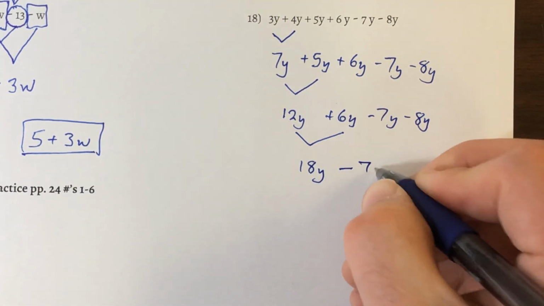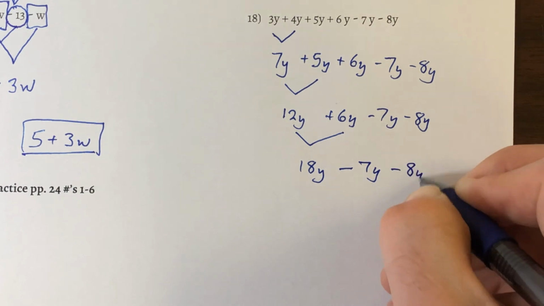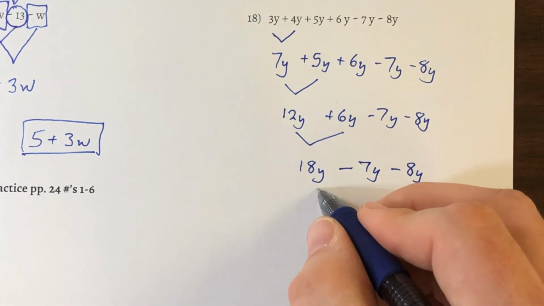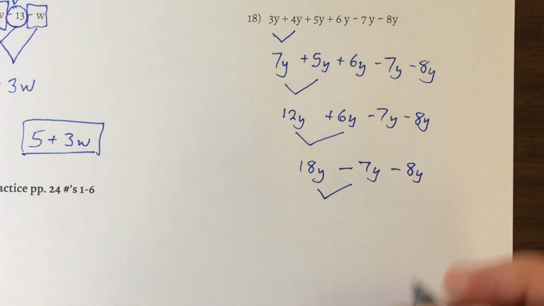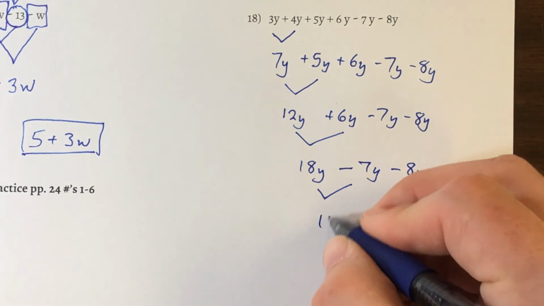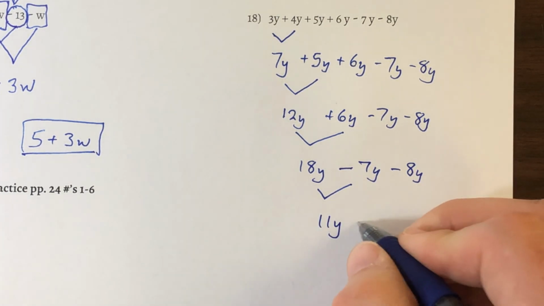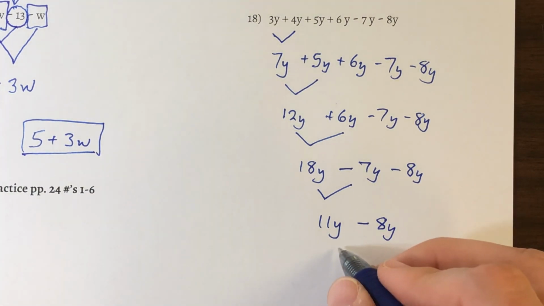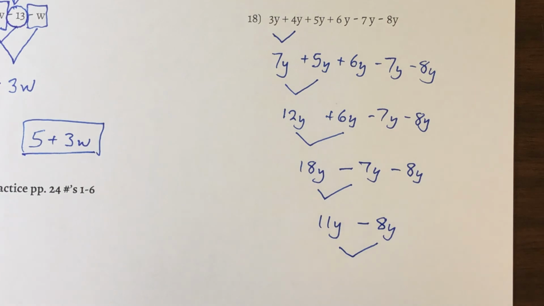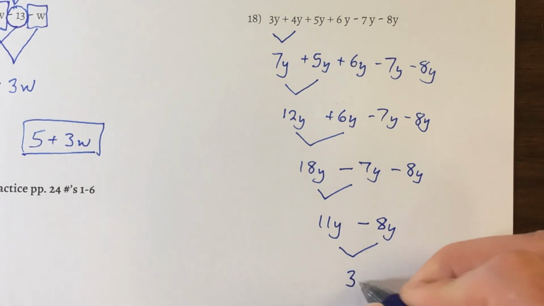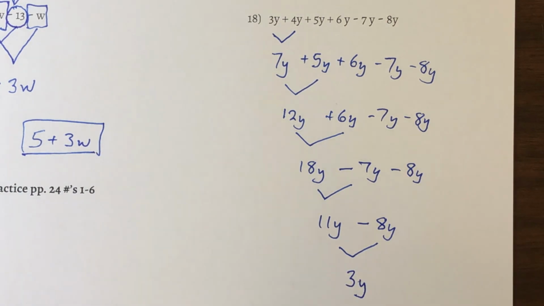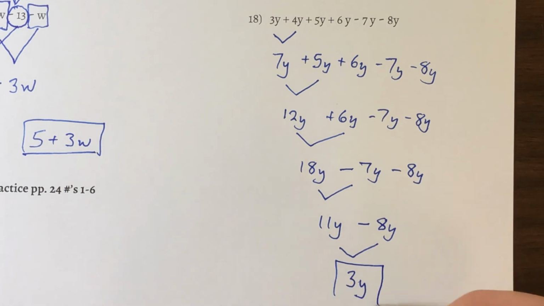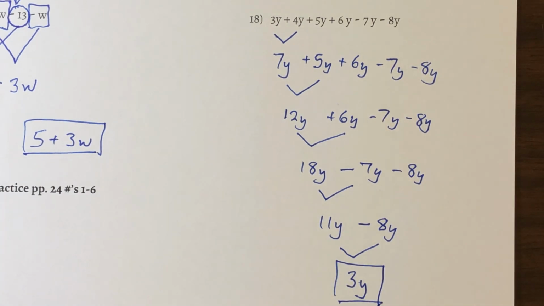Bring down your minus 7y and minus 8y. Next, 18y, take away 7y, you're going to get 11y. Bring down your minus 8y. Last step, 11y, take away 8y. You're going to get 3y. Can you do anything with 3 times y? No. So that is your answer.